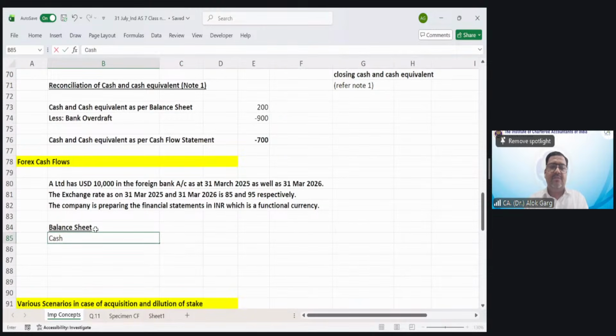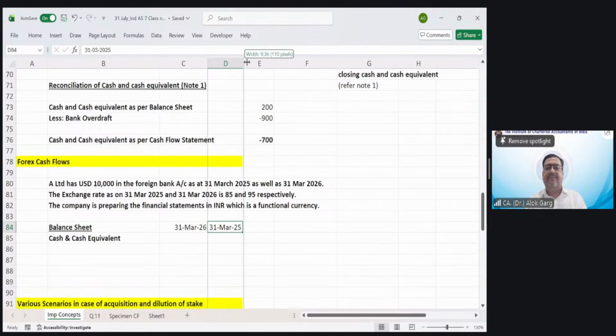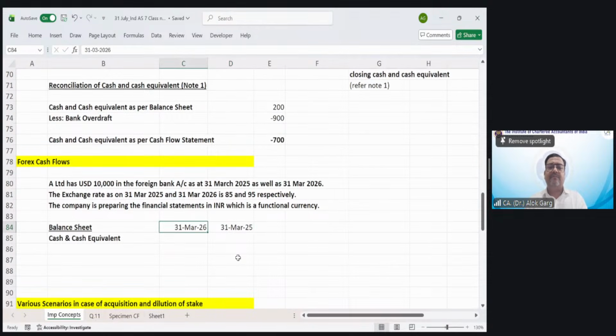Cash and cash equivalent, March 2026, March 2025. So 10,000 into 85 and 10,000 into 95.